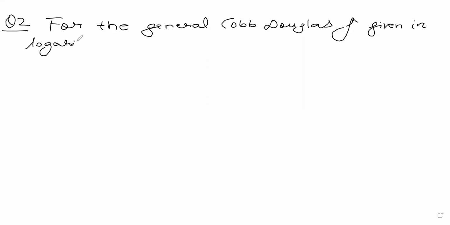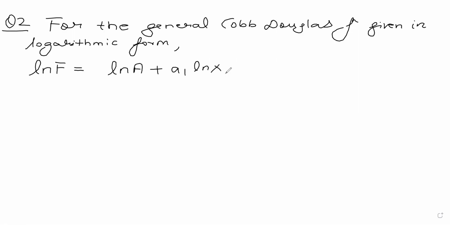Okay, we are given the Cobb-Douglas function in the natural logarithmic form as ln f is equal to ln a plus a1 ln x1 plus a2 ln x2 plus dot dot dot a n ln xn. This is nothing but the logarithmic form of the Cobb-Douglas production function in general.